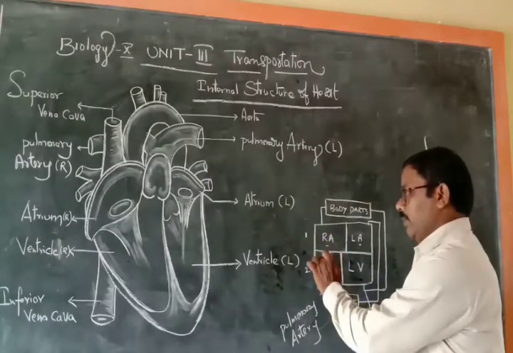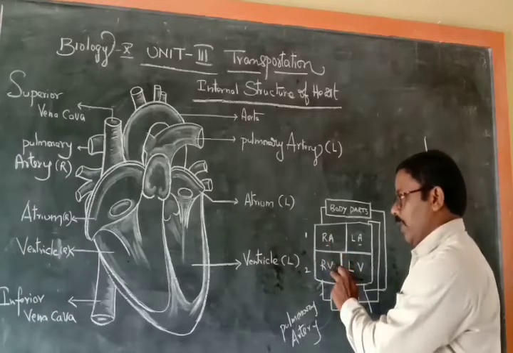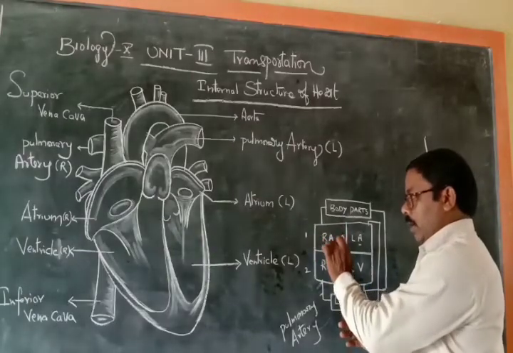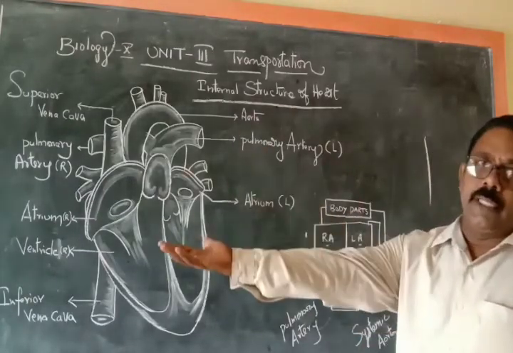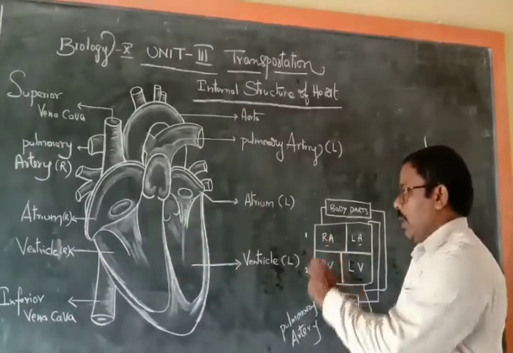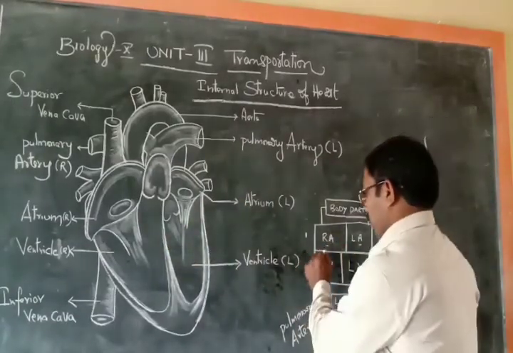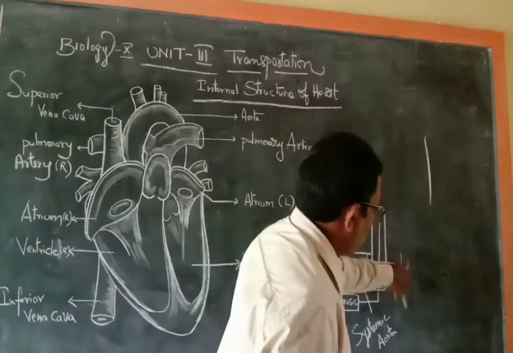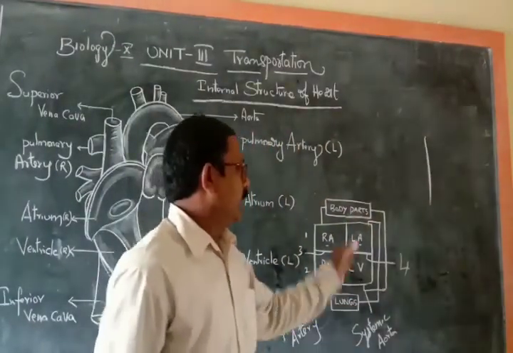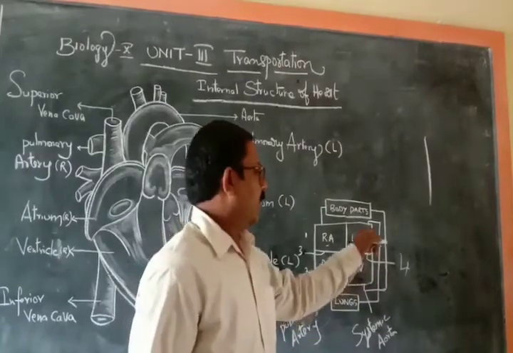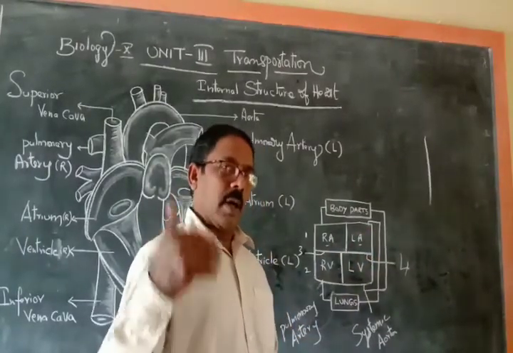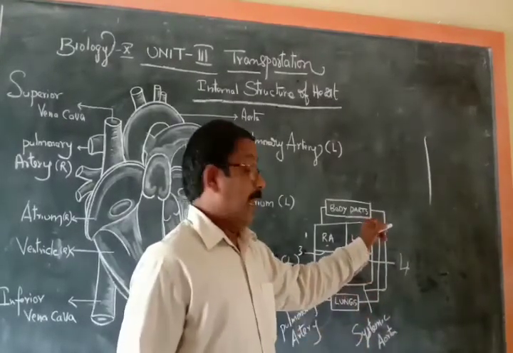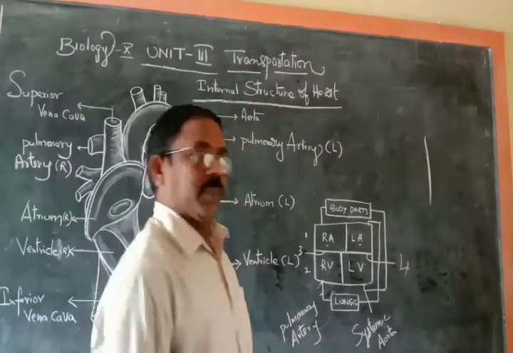The third one is between this auricle and this ventricle, both on the right side, so it is called the right auriculoventricular septum. This one is easily identified as the left side: between the auricle and the ventricle, it is called the left auriculoventricular septum.